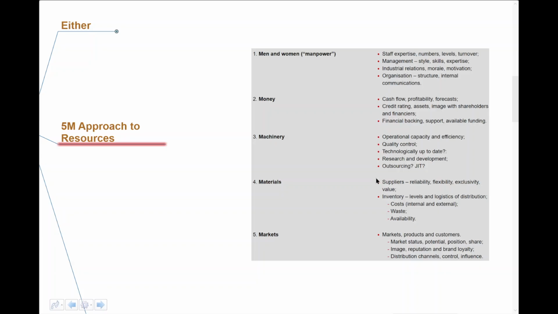Are we at full pelt right now? Do we need more machinery? How do we control quality? And is the equipment and machinery that we use up to date in a technological sense? Certainly, tech has become more and more relevant to all businesses, not just manufacturing businesses, in the last 10 to 20 years.